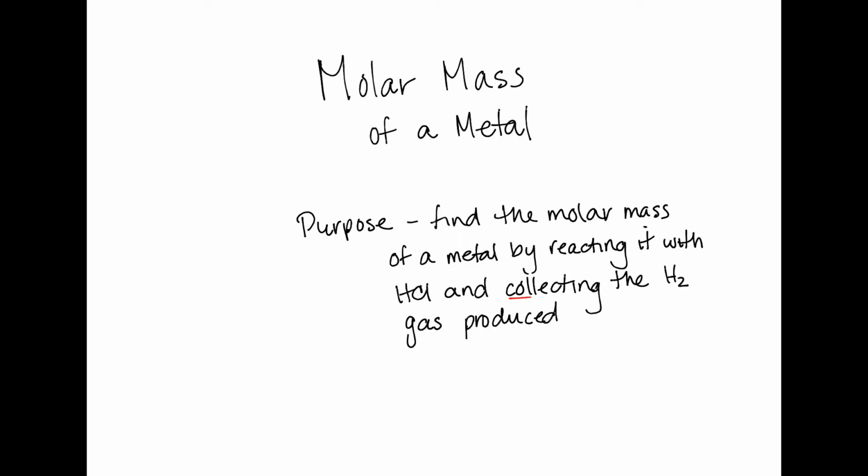Now, because we're collecting some hydrogen gas, but we're relating it to our metal, we need to know what ratio our hydrochloric acid and our metal are going to react with each other. And that means we need to be able to put together a balanced chemical reaction for our metal. I'm going to use the example of aluminum. If I were doing this experiment with aluminum and I react it with hydrochloric acid, they react in a single replacement reaction with each other.